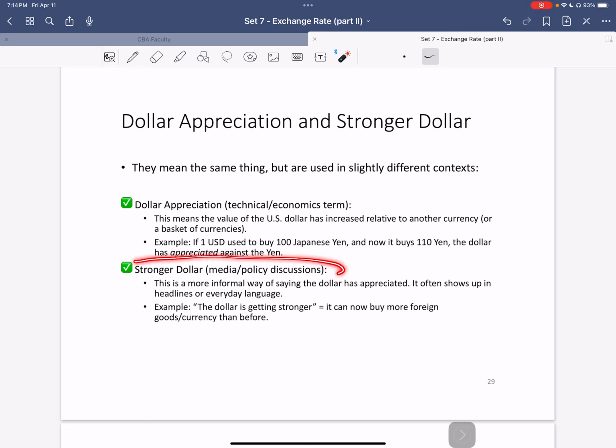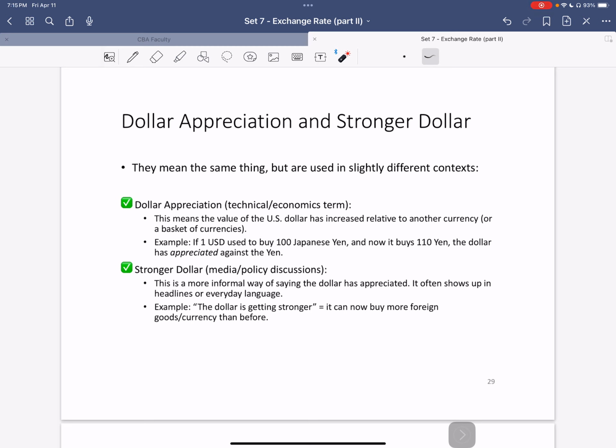But in media or in policy discussions, you might also hear stronger dollar. Not only might you hear appreciation of the dollar, you might also hear strong dollar, but it is rarely used in technical form or economic terms. This is a more informal way of saying the same thing, that the dollar has appreciated.